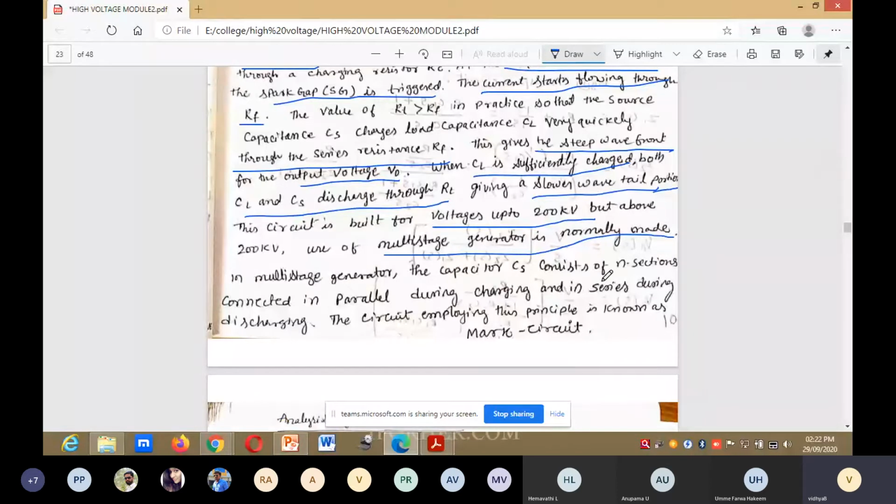The N sections of capacitors are connected in parallel during charging and in series during discharging. The circuit employing this principle is known as the Marx circuit.